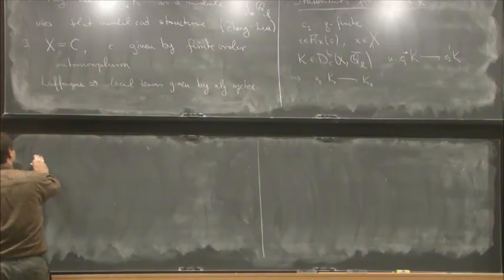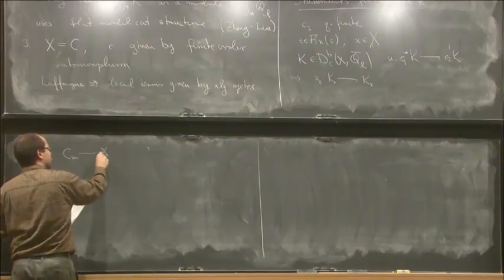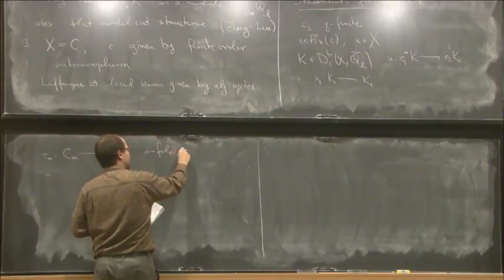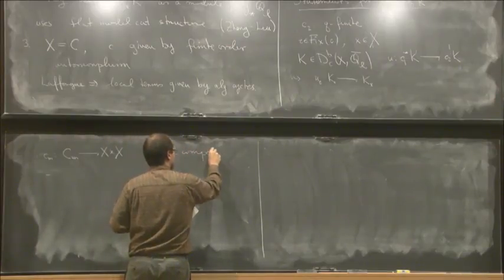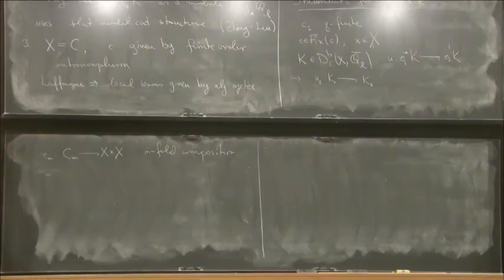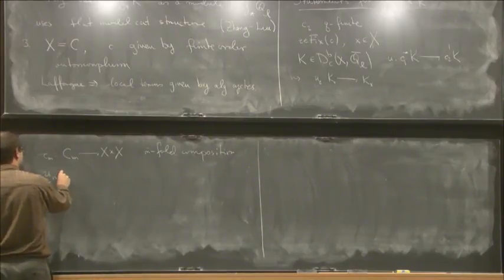You can also consider C^m, which is the m-fold composition. If it's just an endomorphism, then it's just the mth power of the map.